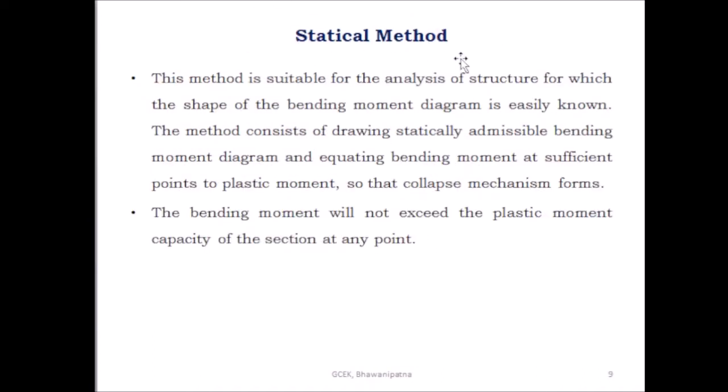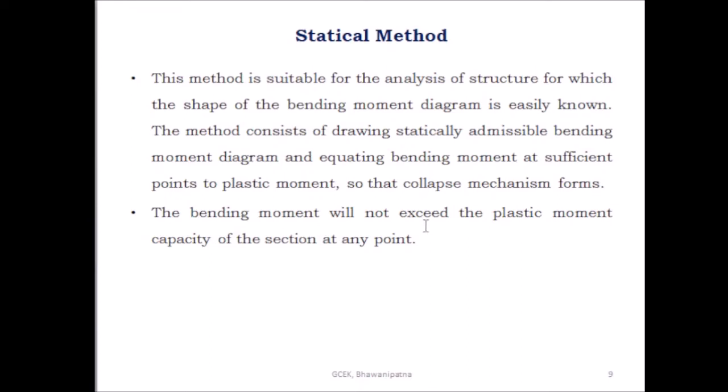Then coming to the first method, the statical method. This method is suitable for the analysis of structures for which the shape of the bending moment diagram is easily known. The method consists of drawing a statically admissible bending moment diagram and equating bending moment at sufficient points to plastic moment so that a collapse mechanism forms.